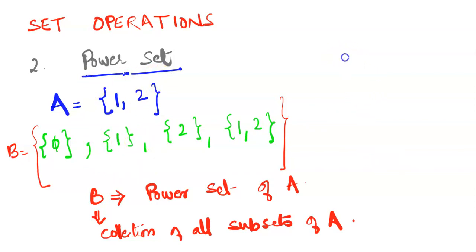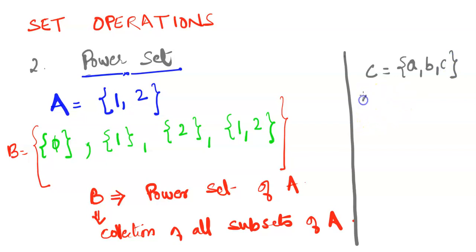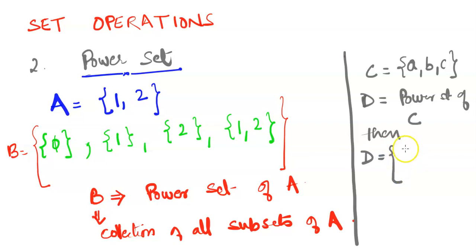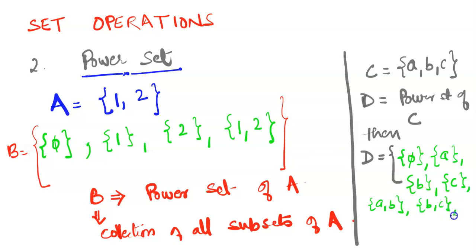Let's take an example. If C is equal to {A, B, C}, and D is the power set of C, then D is equal to a bigger set with phi, {A}, {B}, {C}, {A, B}, {B, C}, {C, A}, and {A, B, C}.